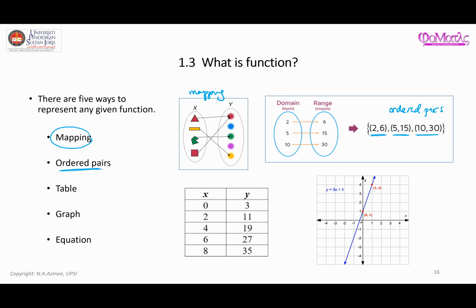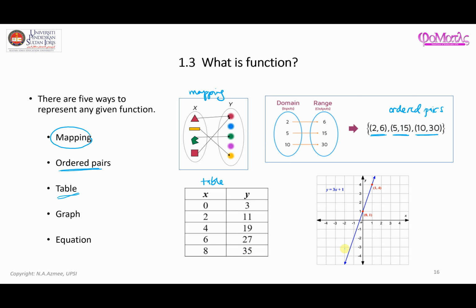Next, you can also represent your function using a table as shown here. So x is the input and y is the output. Basically you're saying that 2 will be mapped to 11, 8 will be mapped to 35. And the next one is you can also represent a function using a graph. This is an example of a function represented by a graph.